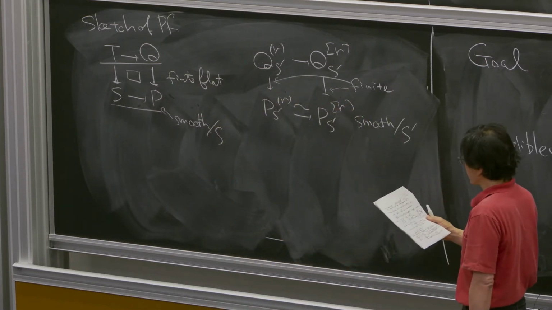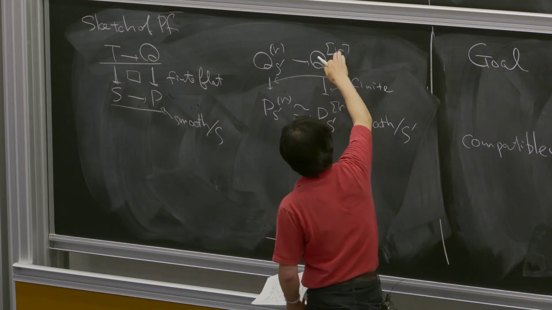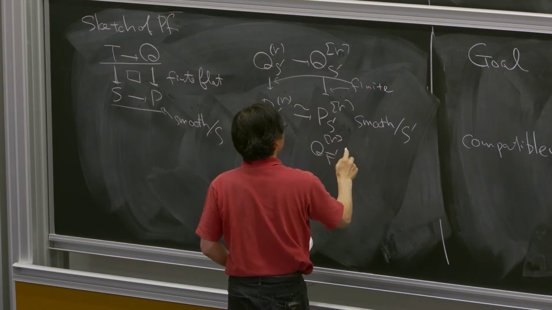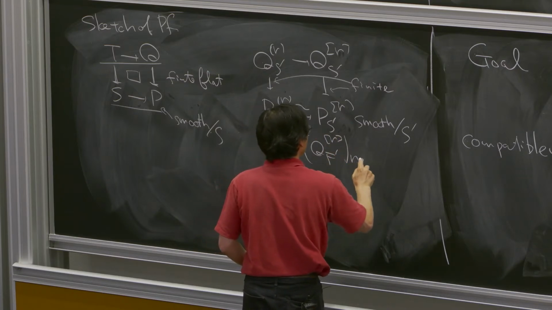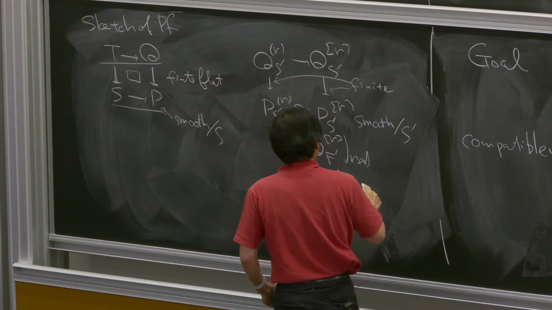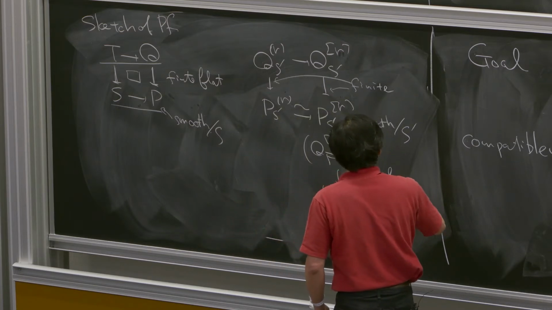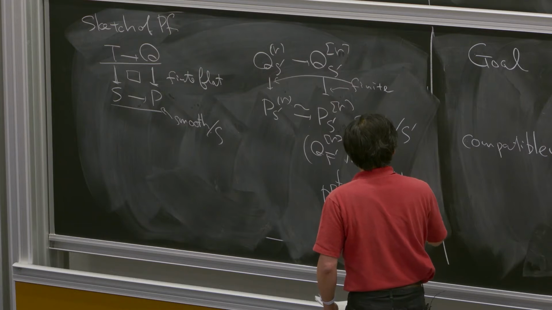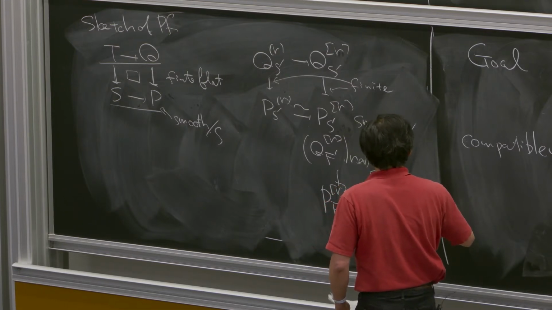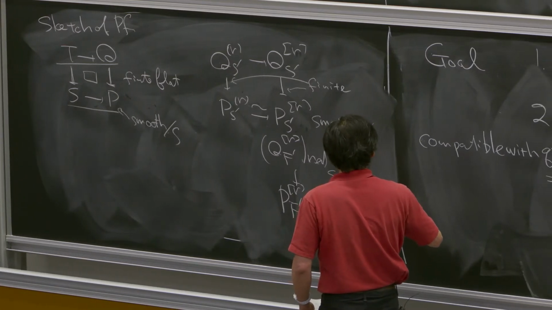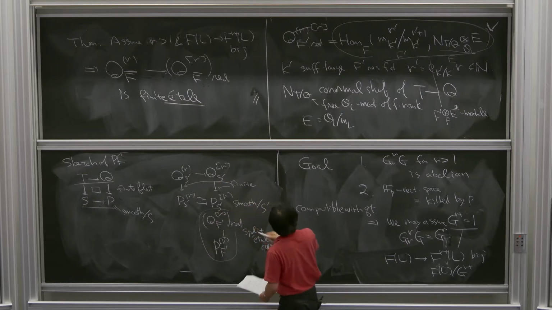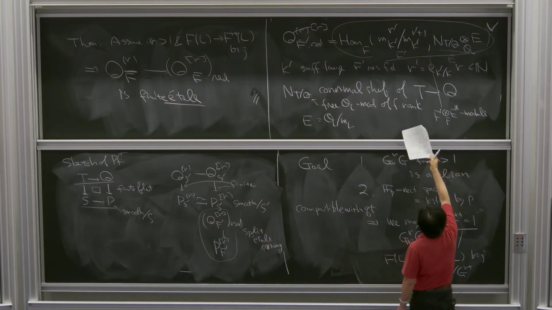So we get this diagram, and we look at the closed fiber here. And this is a split eta covering. And so this part is straightforward.